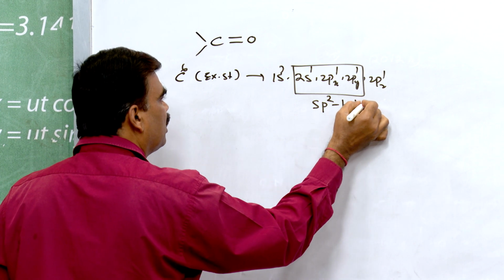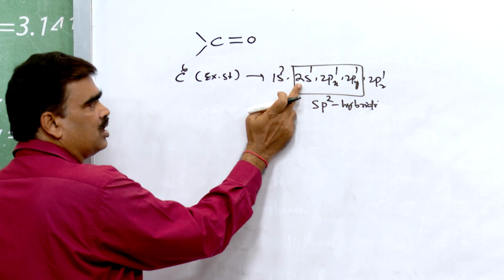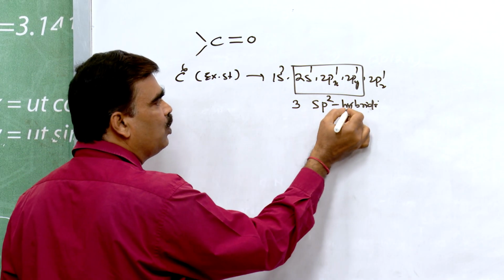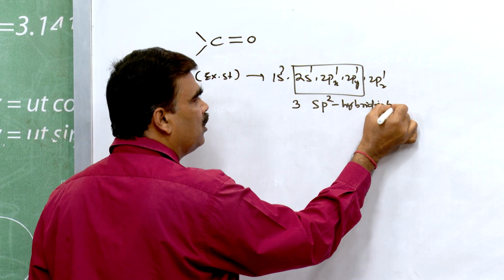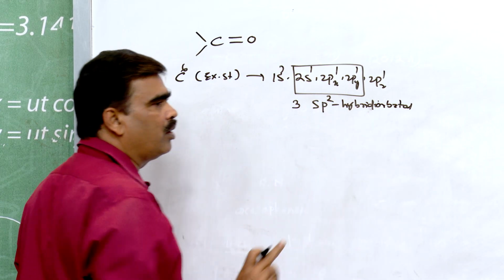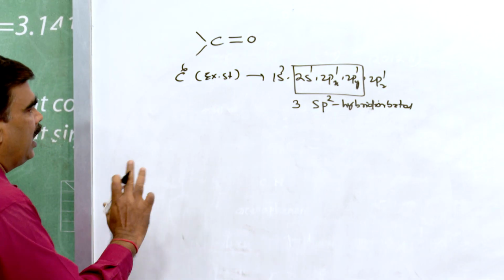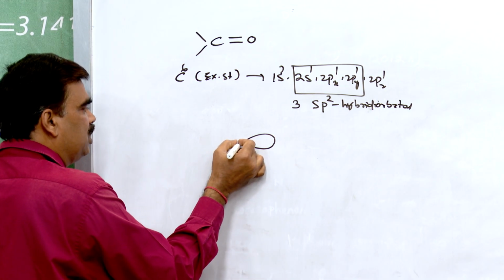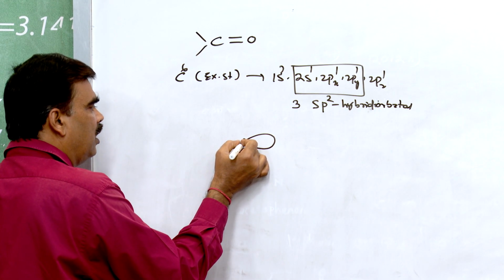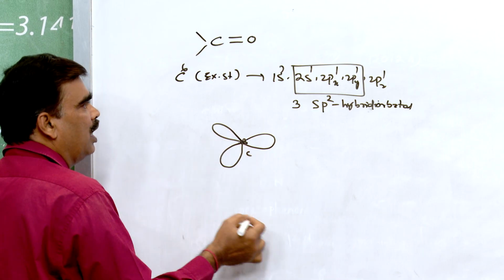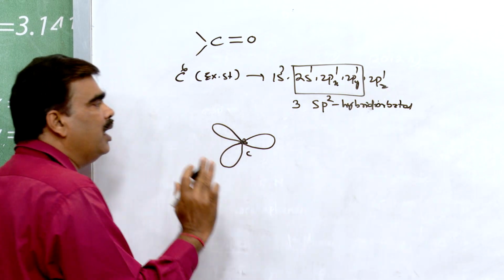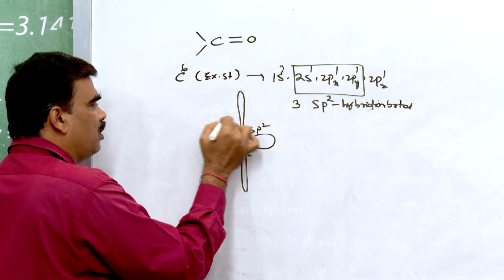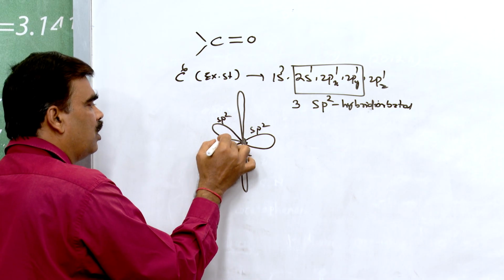It intermixes the half filled 2s, 2px and 2py orbitals and produces 3 sp2 hybrid orbitals, right, and each hybrid orbital contains 1 electron and they are arranged in a trigonal planar manner. This is an sp2 hybrid orbital, and this is an sp2 hybrid orbital, and the 2pz orbital is remaining perpendicular to this plane. This is sp2, sp2, sp2, right.